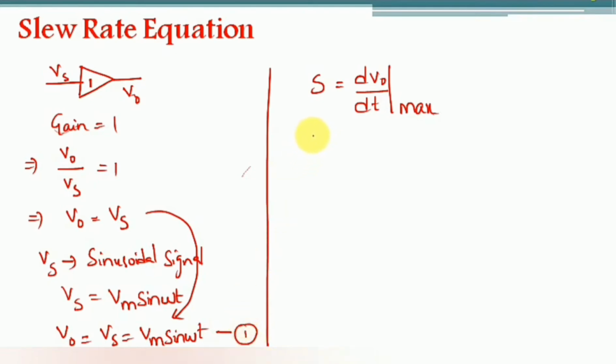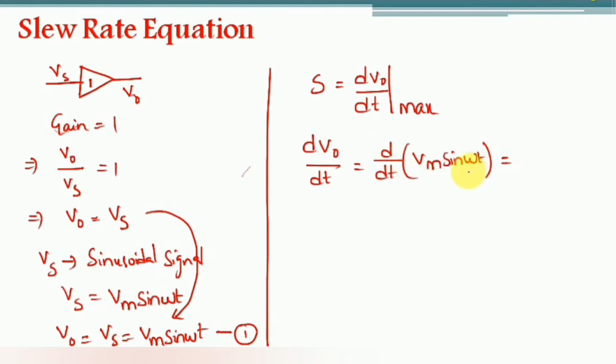So let's find out the value of dV0 by dt. It is equal to d by dt of, from equation 1, the V0 expression, which is Vm sin omega t. Vm is the amplitude, nothing but a constant value. Now we have to find the derivative of sin omega t.